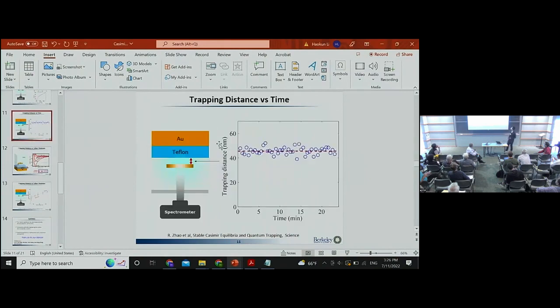Oh, okay. Yeah. So you take an average. That's your variance there. You can compare that with your trap depth and the temperature to see the mean squared, if that agrees.